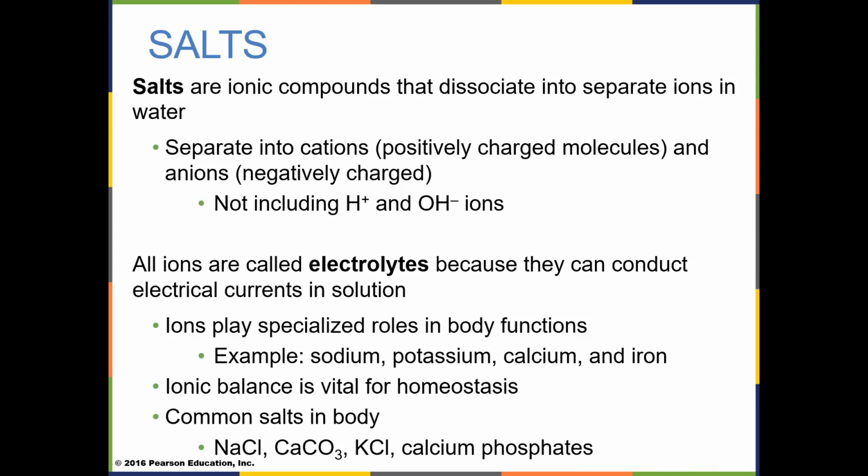What does that mean? It means that sodium chloride, table salt, separates into its positive sodium ion and its negative chlorine ion. And the most important of those ions is sodium. Chlorine is just sort of watching off on the sidelines, but sodium is essential to us.